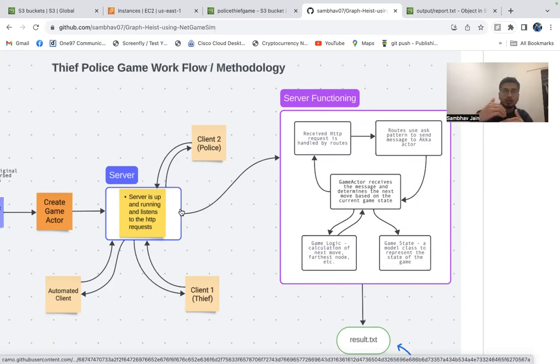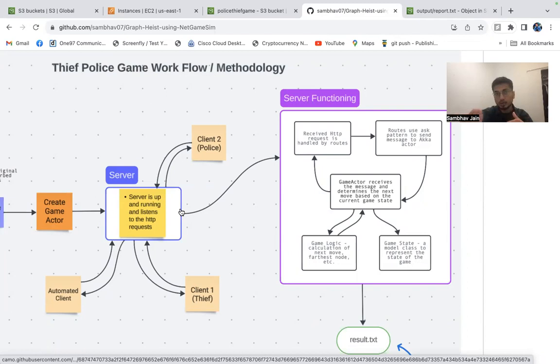So the client sends the request to the route handler. The route handler uses the ask pattern, and it basically communicates with the actor itself. Actor does all the calculation behind all the logical things with the help of game logic and game state, and then it makes the move.